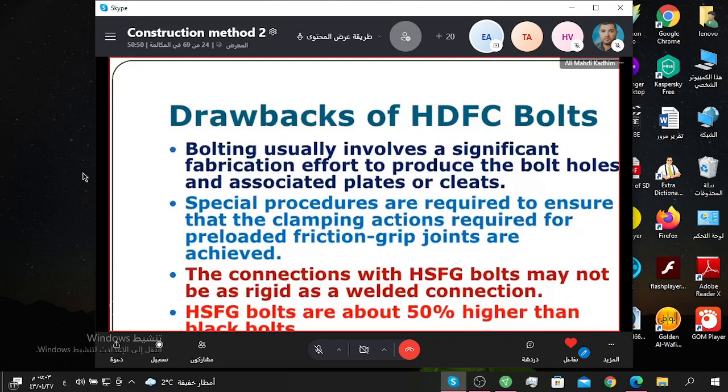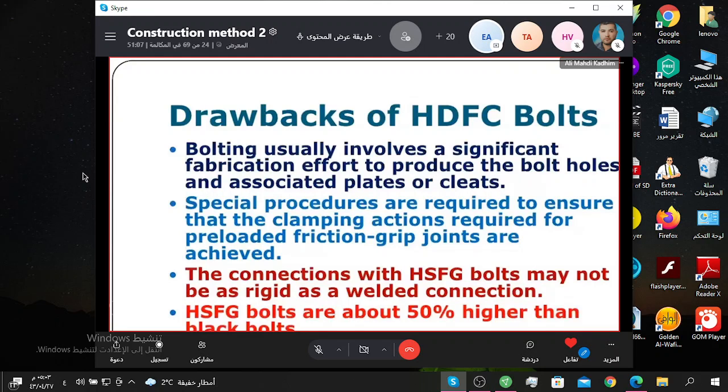Drawbacks of HSFG bolt. Bolting usually involves a significant fabrication effort to produce the bolt holes and associated plates or cleats.